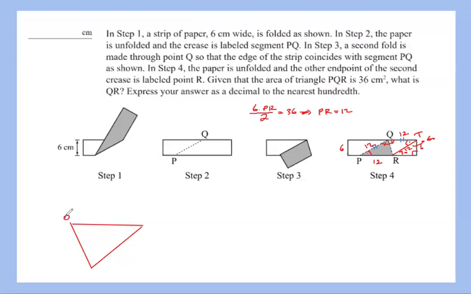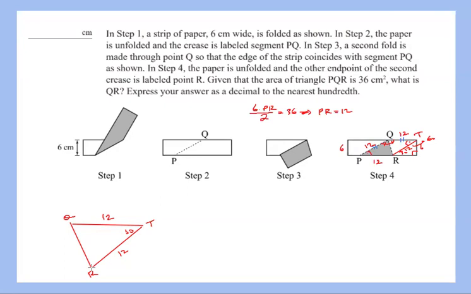This is Q, this is R, and this is T, and this is 30 degrees. This is 12, and this is also 12. I'm going to try to make a 30-60-90 triangle because we like those triangles to get QR.